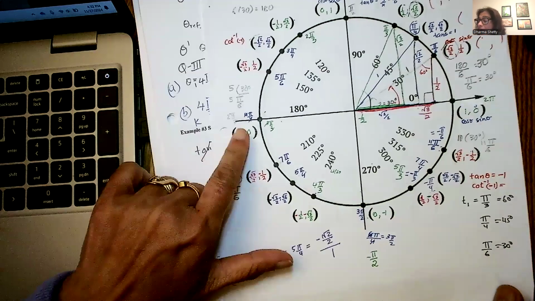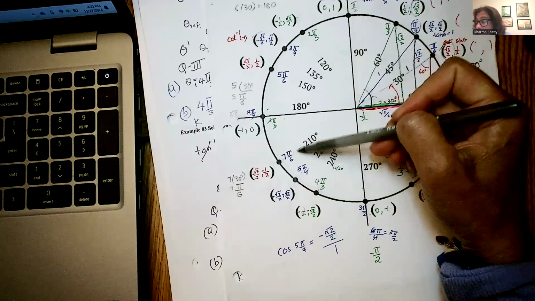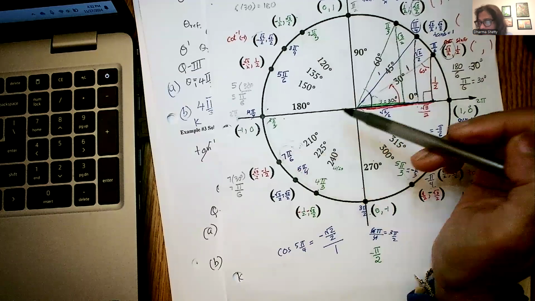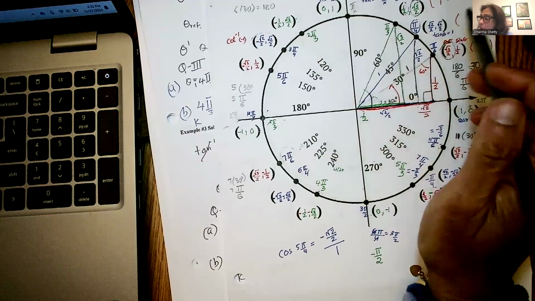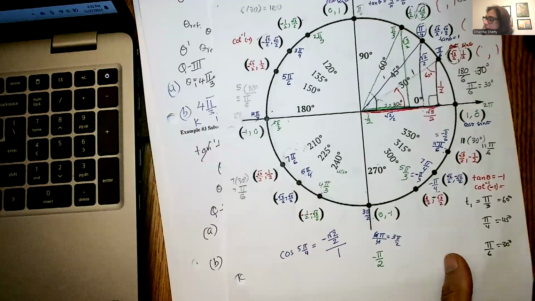Now, in this case, it is much easier to figure out because on the unit circle, we already have labeled it. I'm going to stop here in a few minutes.